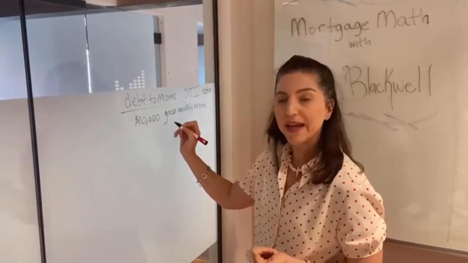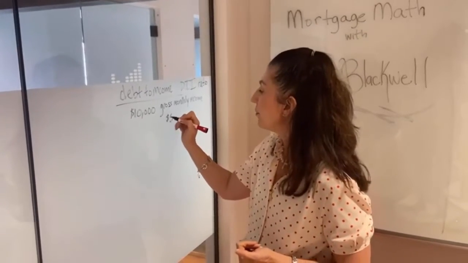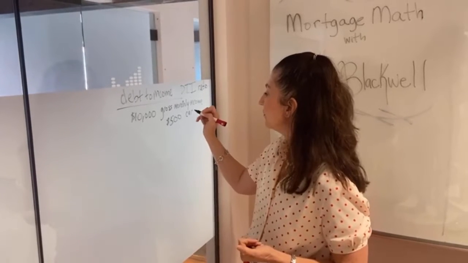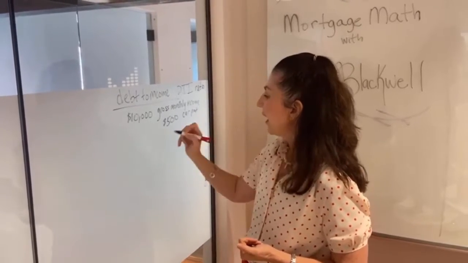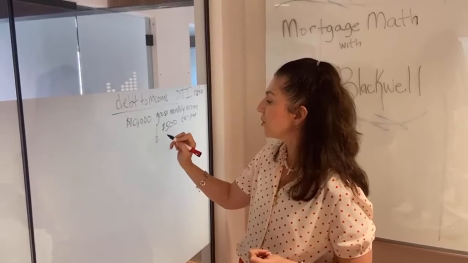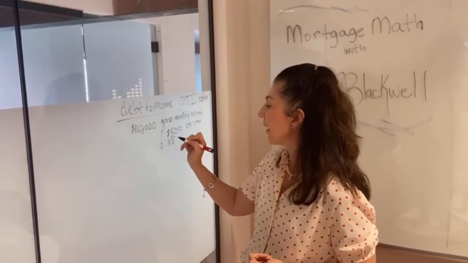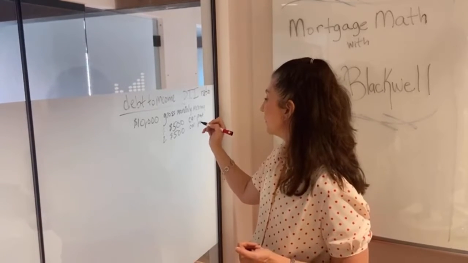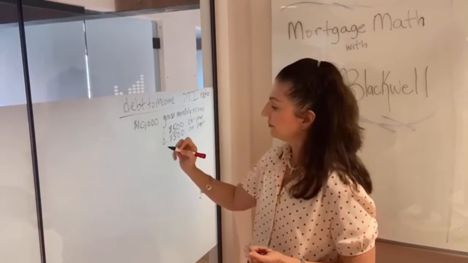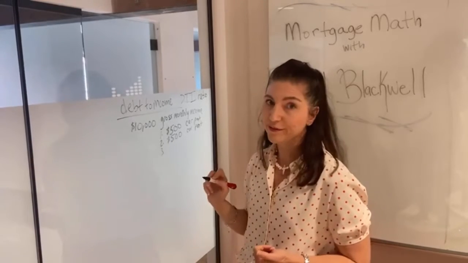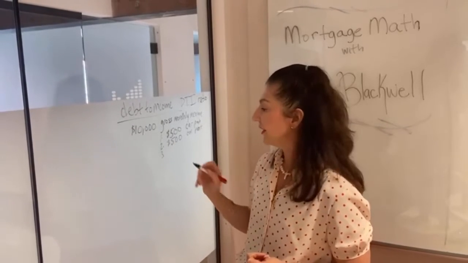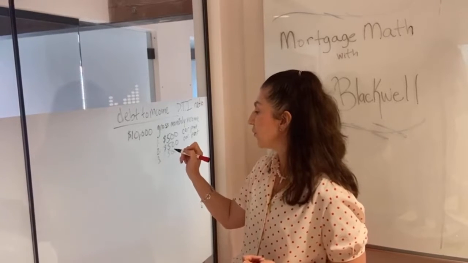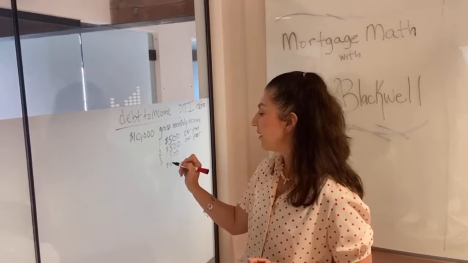And we have a couple car payments. Borrower one has a car payment of $500 and borrower number two also has a car payment of $500. And guess what? They also have student loans. And let's just say, for simplicity, they each have a student loan payment of $500.